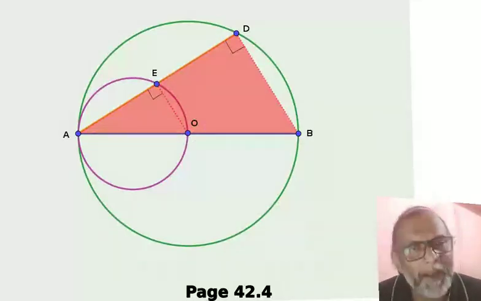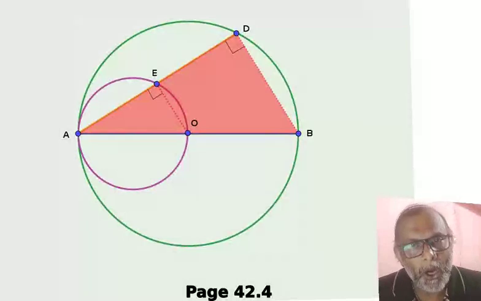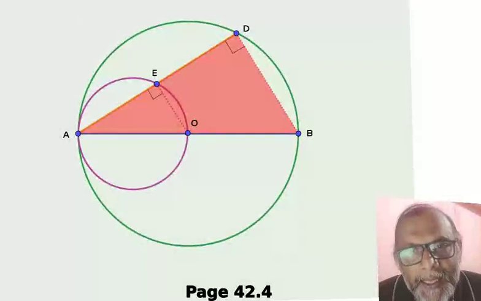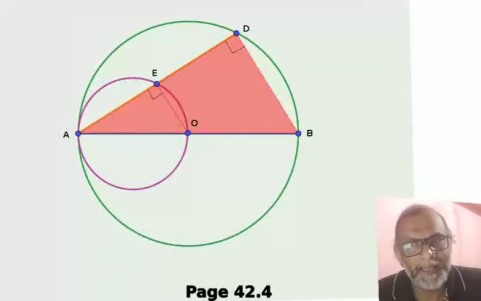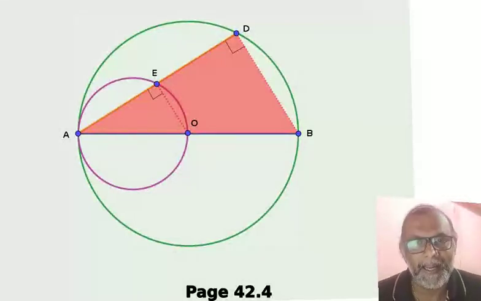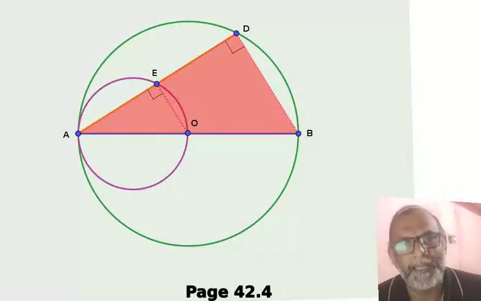So in the 9th standard we have learned a fundamental theorem: in a triangle, if a line is parallel to one of the sides and it passes through the midpoint of another side, then this line will bisect the third side.